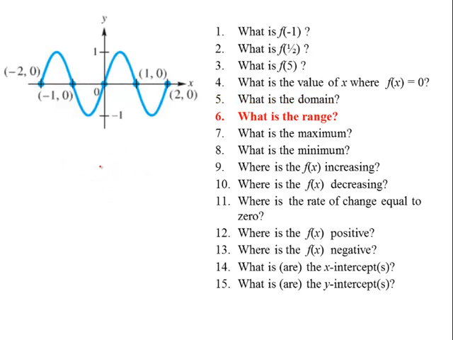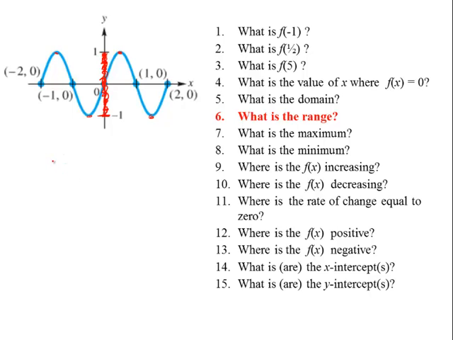Number 6, what is the range? Now we go to the y-axis. We see we have a minimum value here, negative 1, and we have a maximum value of a positive 1. So all y values in between negative 1 and 1 have a spot on this graph.